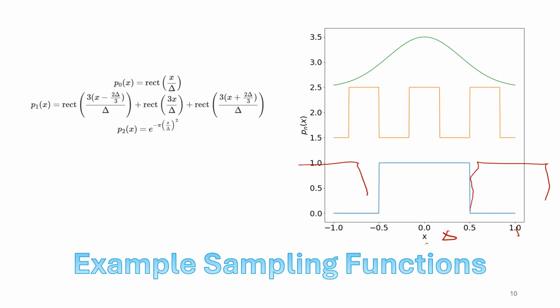Another example shown here is that the sampling function consists of 3 disjointed rects. They have the same area as the single rect, but they're separated out. This use of 3 pieces could increase the bandpass of the system by using smaller sampling functions, but have the same number of samples. So we still have a period, with this distribution centered at x equals 0.